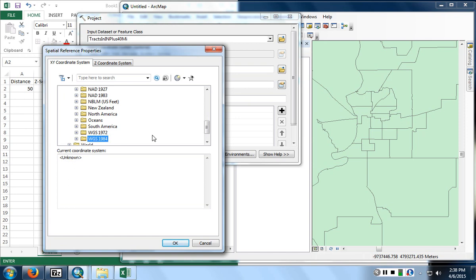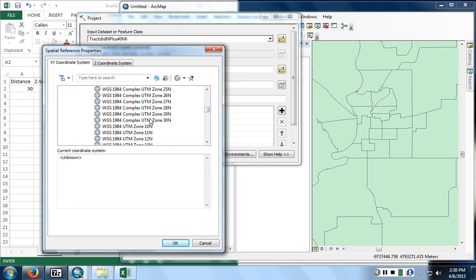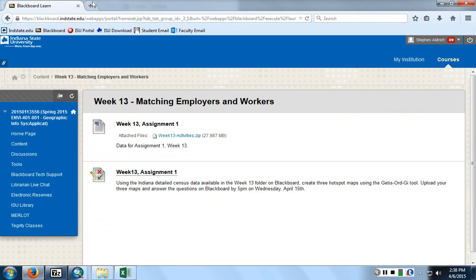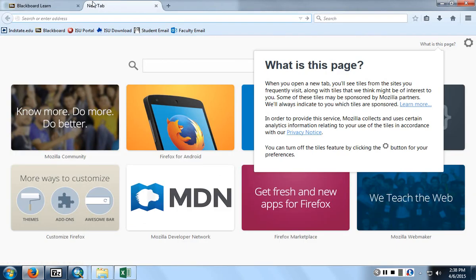So we want to match that so we're not adding distortion or having to do a geographic datum transformation. We're in the northern hemisphere. And how do we find out what zone Indiana's in? Google, right? UTM zone map.